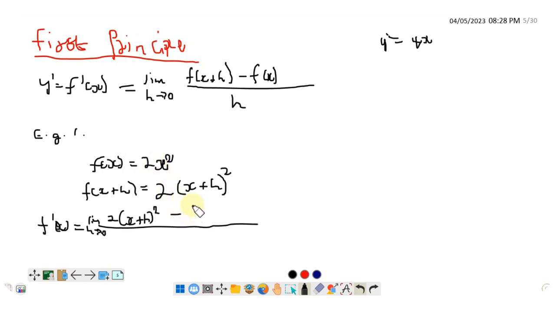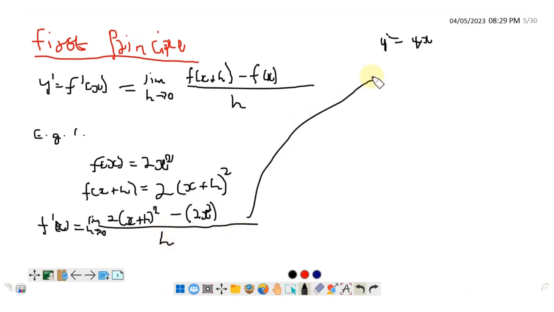Normally I put it in brackets because this is minus f of x, it minuses the whole thing. So if this had other terms, a long expression with plus this or minus that, the negative should apply to the whole thing. So it is good practice to put it in brackets so that you don't make mistakes. So you put the whole thing in brackets, all over h.